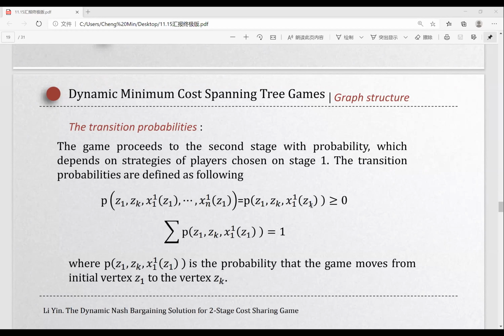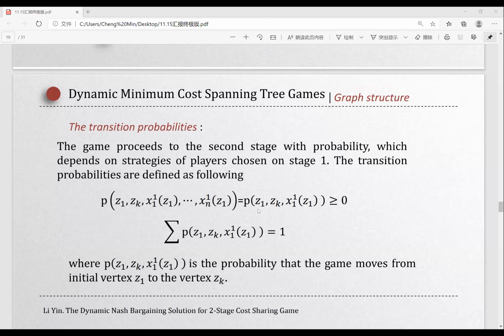The change of the structure diagram was mentioned in this article. The concept of transition probability P is proposed. It means the probability of the game moving from initial vertex Z1 to Zk, and the probabilities of moving from Z1 to each vertex sum to 1.